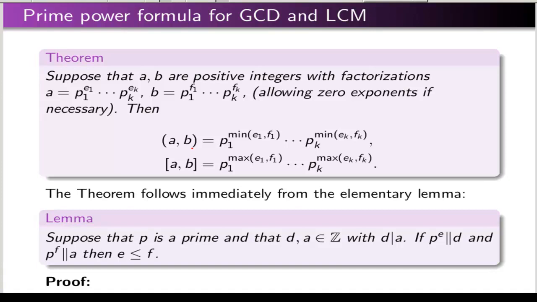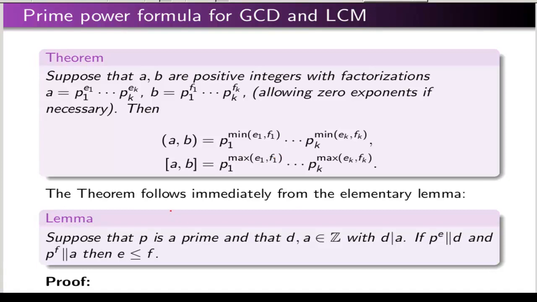The greatest common divisor, you take each prime and you raise it to the minimum of the exponents dividing A and B. And then just take this product. And for the least common multiple, in the exponent position, you're going to take the maximum of the exponents. And it makes sense.